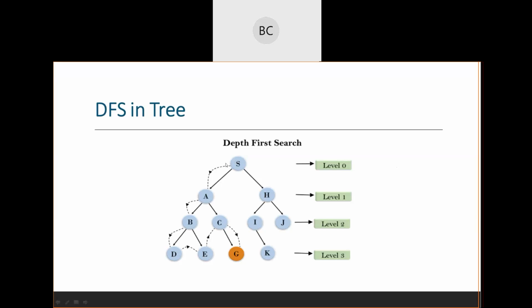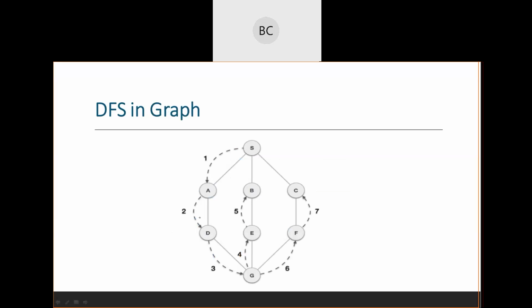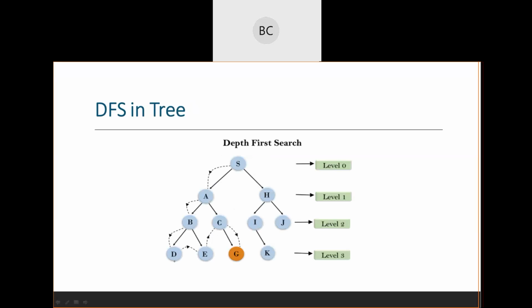From the source node, or initial node, you will start traversing. First, you will go to the next level, then again to the next level, whatever the subtree is for that particular node. Again, you will go deeper and deeper. So this is your leaf node, and there are no nodes after this.